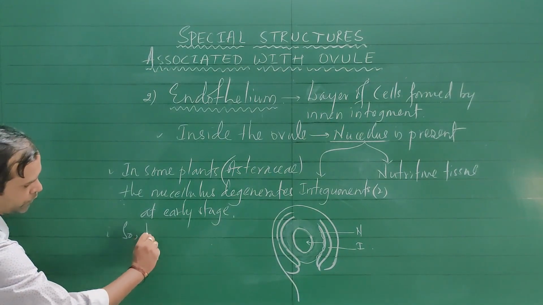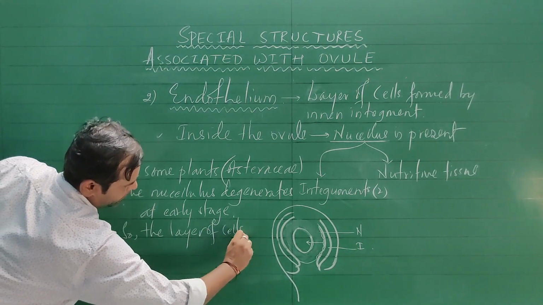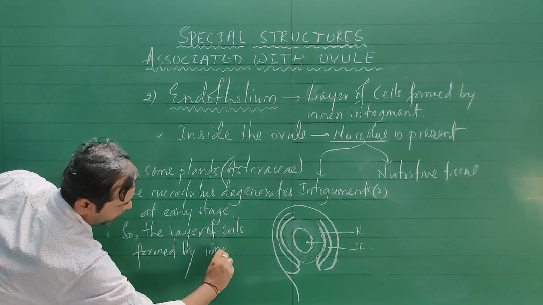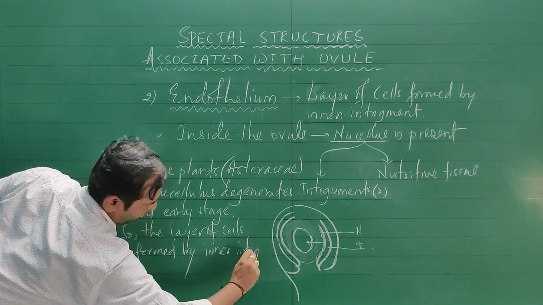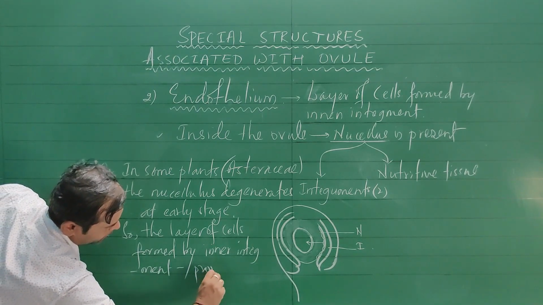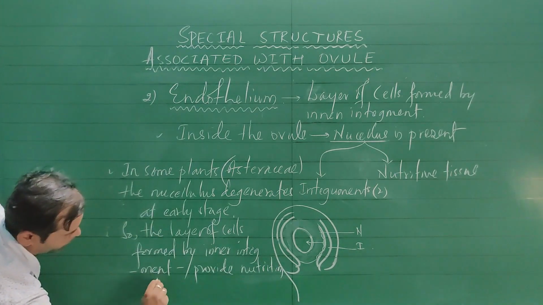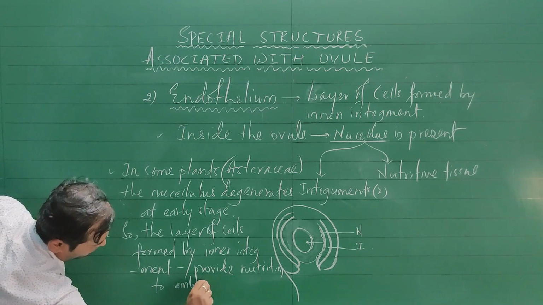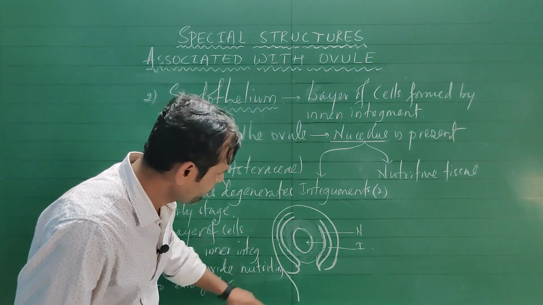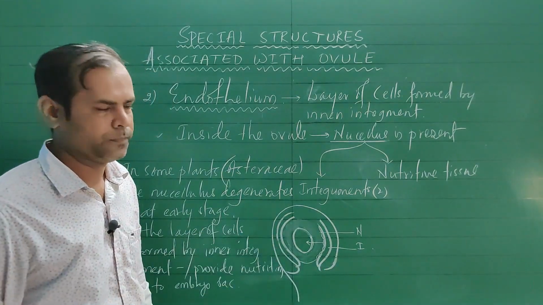So, the layer of cells formed by inner integument provides nutrition to embryo sac. Now you can see this inner integument layer is providing nutrition.